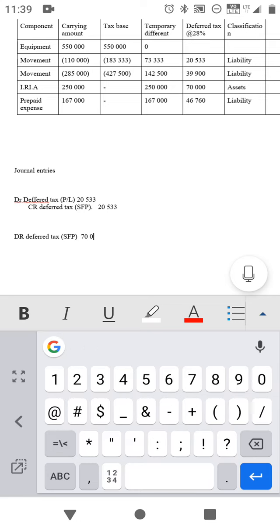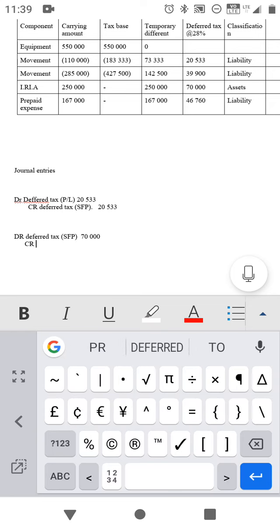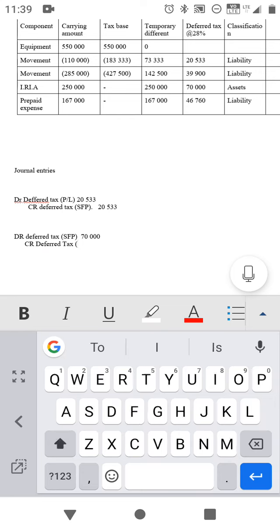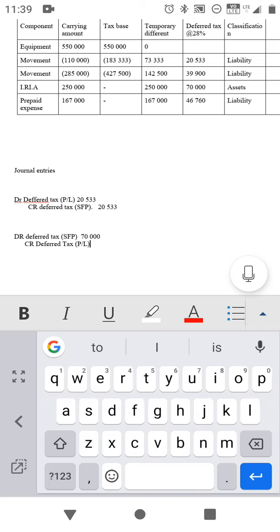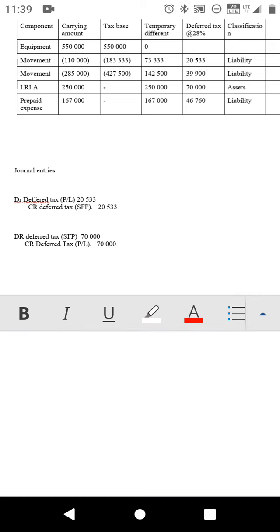All right, 70,000, and credit deferred tax P&L of 70,000.